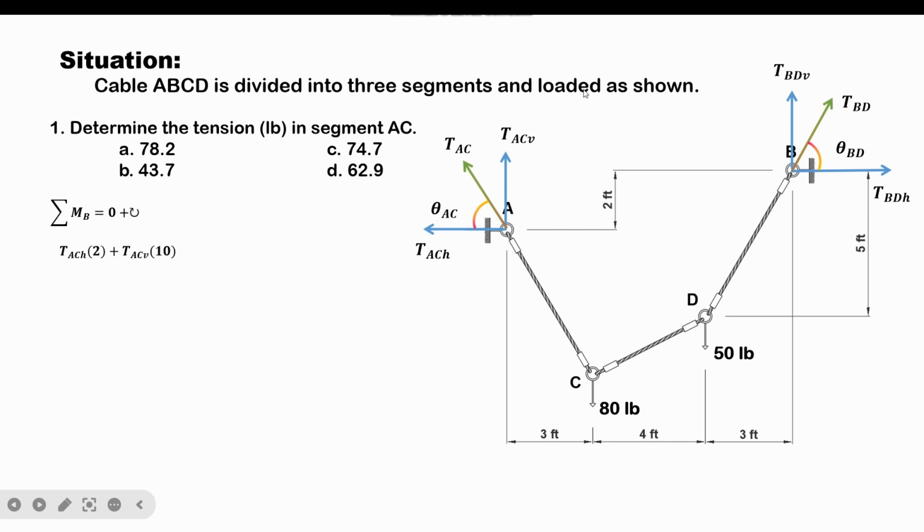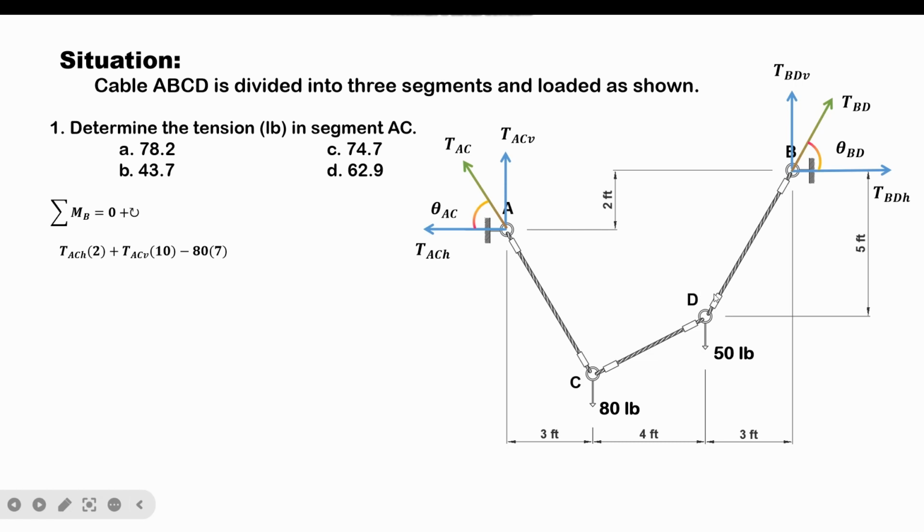The remaining forces that have a moment value about B are the external forces. So let's take the moment of the 80 pound force here. If you look at it, the 80 pound force would produce a counterclockwise moment. That's why it is associated with a negative sign here. And its moment arm from joint B would be 4 plus 3, which is basically equal to 7.